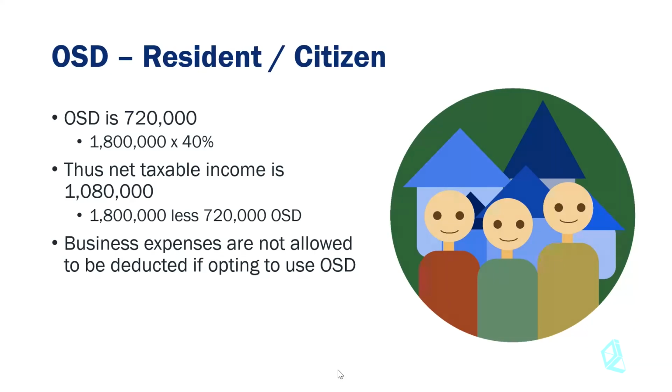So your OSD is 720,000 pesos. Thus, the net taxable income will be 1,080,000, which is 1.8 million less the optional standard deduction of 720,000 pesos.